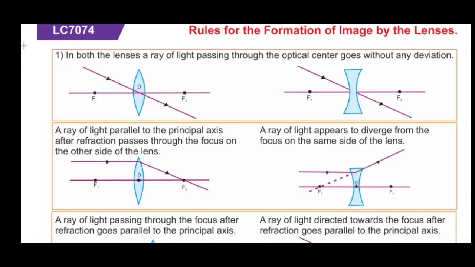The first rule is that in both the lenses, a ray of light passing through the optical center goes without any deviation.